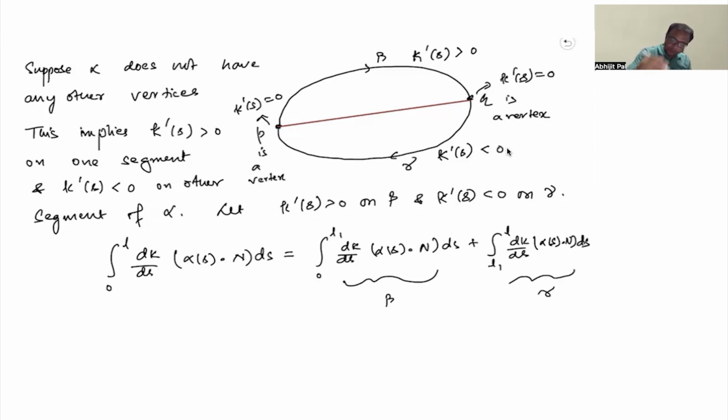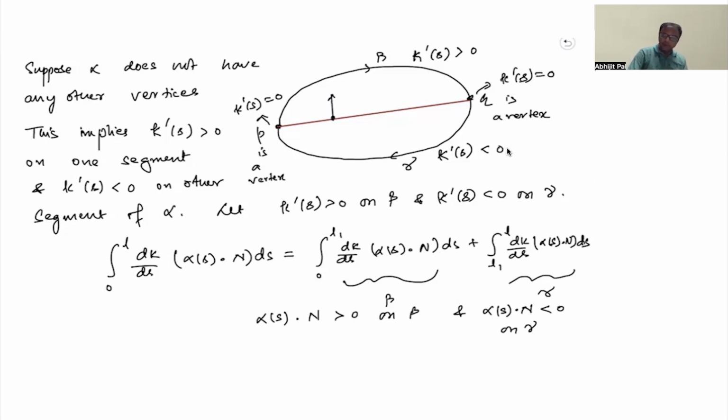Okay, all right. So now note that this is my unit vector over here. So alpha(s) dot n is greater than 0 on beta and alpha(s) dot product with n is less than 0 on gamma.